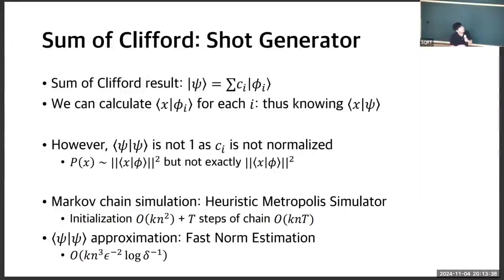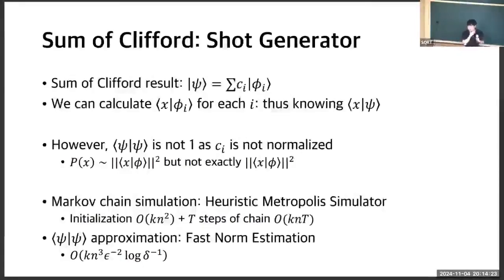At least this is a shot generator, so it takes the probability of px here, but this px can be calculated for all the 2 to the n possibilities, but that is too much, so it takes too much time. So it just does Markov chain simulation to generate samples of x here. And the approximation of psi square here would be calculating all possible x to calculate all px to perfectly generate the shot generator.